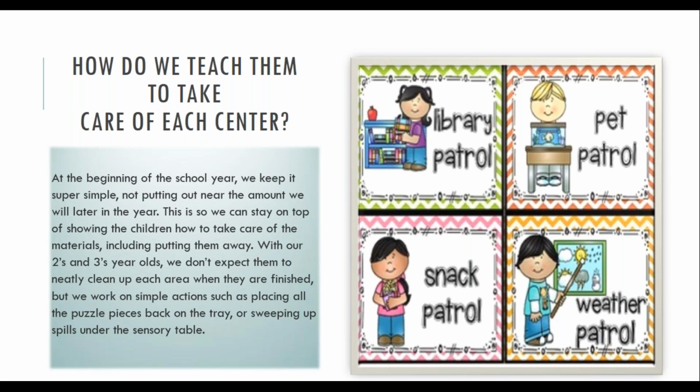And I show them how to use these things and where to put them away. I think this process is better than just opening everything and expecting the children to know how to play with all these things, and that's not necessarily true. So it takes about 2 weeks.